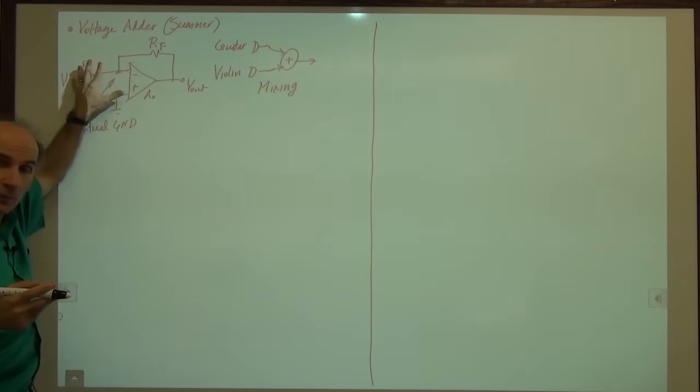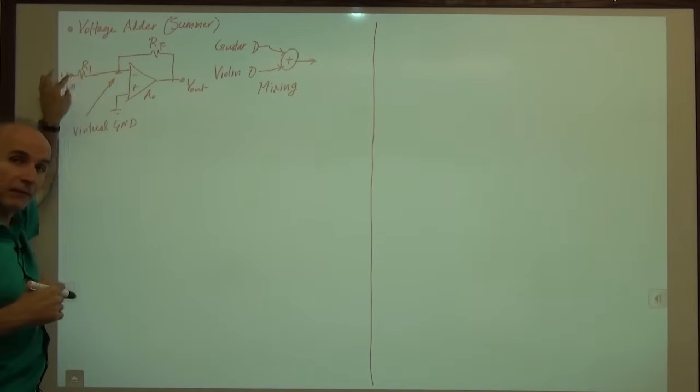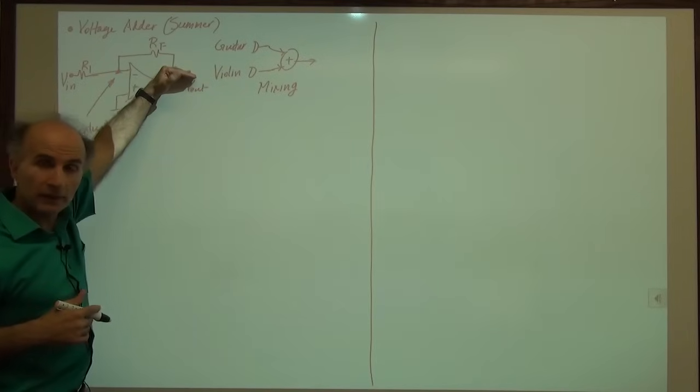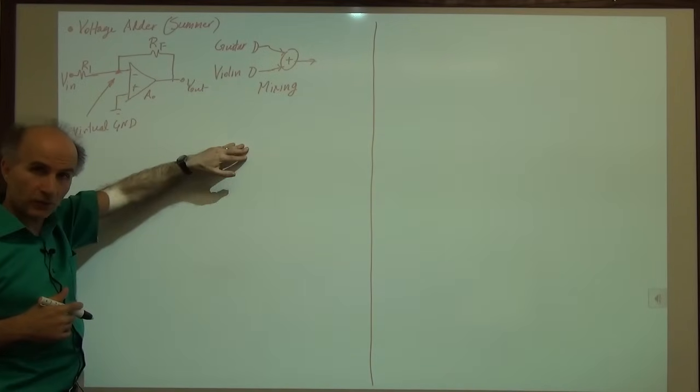We said that this topology is capable of converting Vin to a current and letting this current flow through this RF to generate an output voltage.